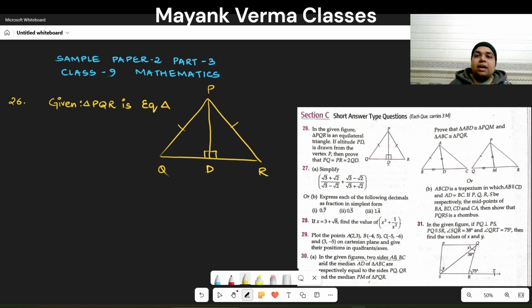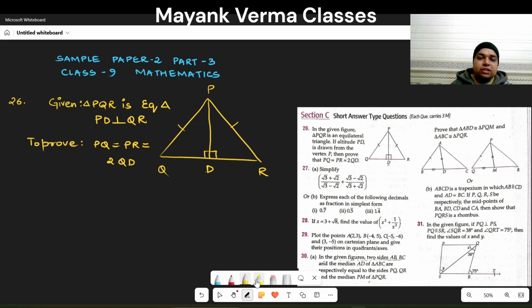Second, if altitude PD is drawn from the vertex P, that means this PD is perpendicular to QR, right? Then we need to prove that PQ is equal to PR is equal to twice of QD.